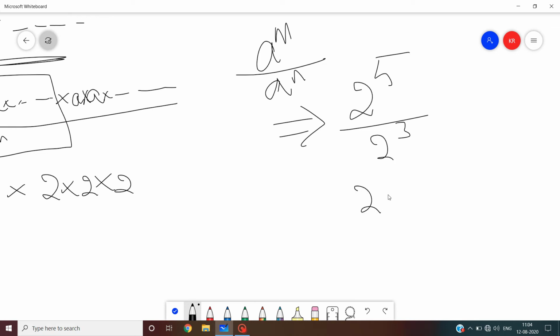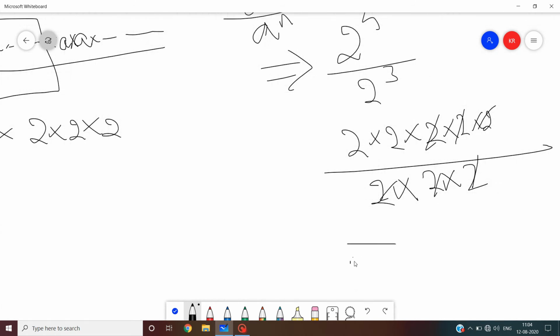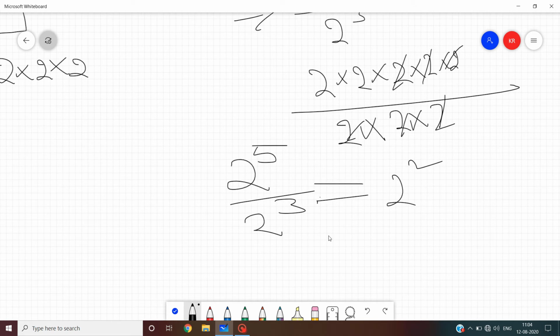Let's expand: 2 power 5 is 2 into 2 into 2 into 2 into 2, divided by 2 power 3, which is 2 into 2 into 2. See, we have five 2's on top and three 2's below, so we can cancel 3 of them. Our final result will be 2 power 2.